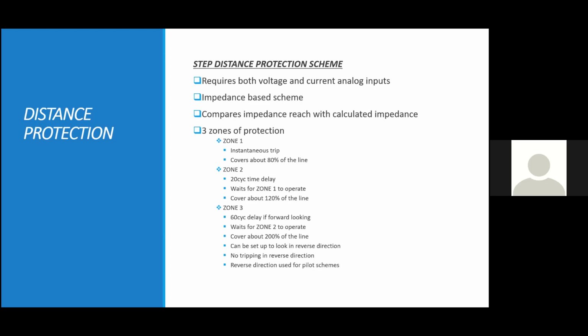If this zone 3 element is looking forward, the usual delay on this element is about 60 cycles. And similar to zone 2, this zone 3 element waits for zone 2 to operate to avoid any nuisance tripping. And it covers about 200% of the transmission line which it is protecting.